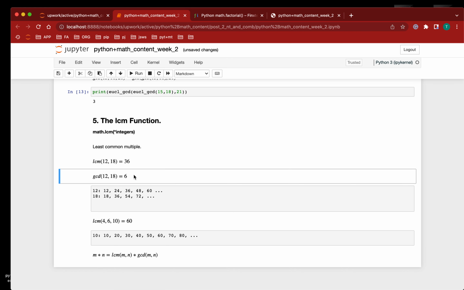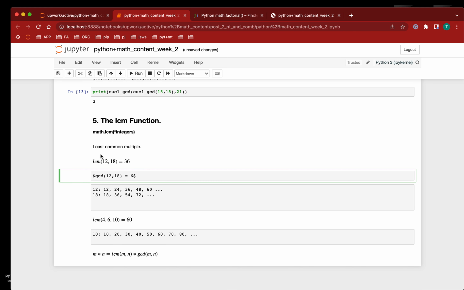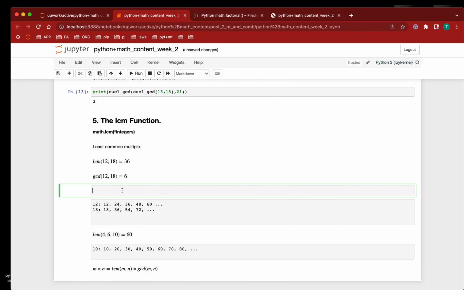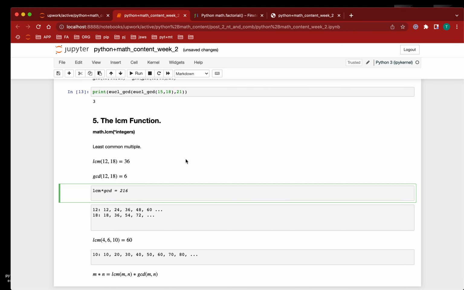And therefore, if we take the product of the two, we can confirm that their product is, well, what is it? It's 216. LCM times GCD equals 216. And we can confirm that 12 times 18 is also 216.